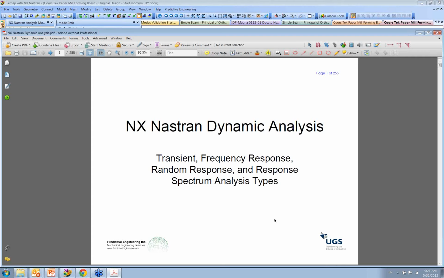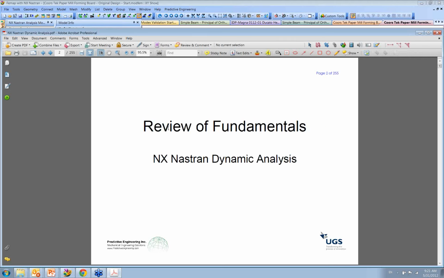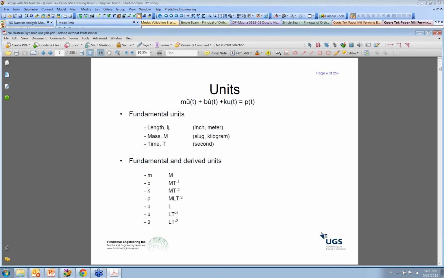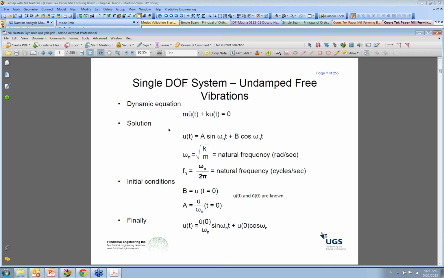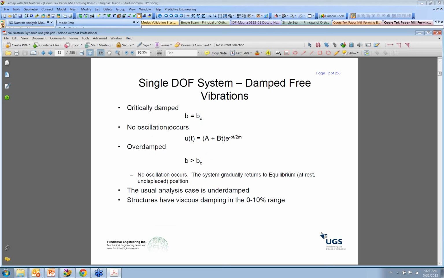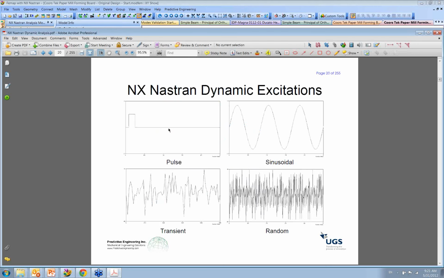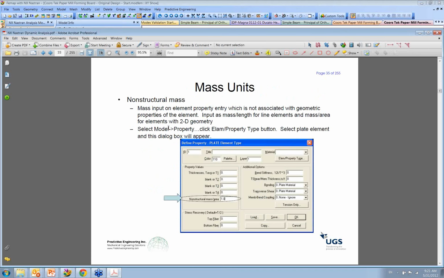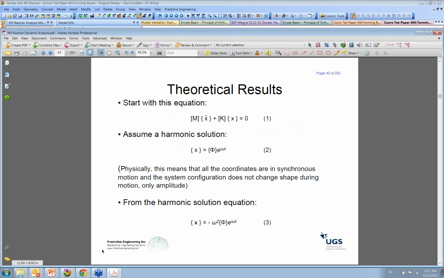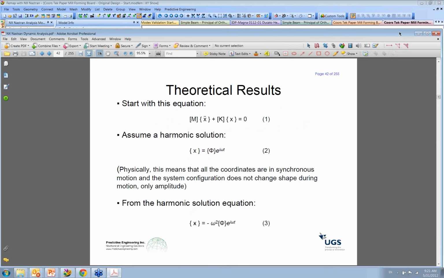You see UGS, but wow, it's 255 pages, and it goes through Nastran dynamic analysis, a review of fundamentals and dynamic single degree of freedom. It would be the foundation for a whole year of graduate-level linear vibration mechanics, all 255 pages. So I'm going to put this in with the package on the linear vibe.